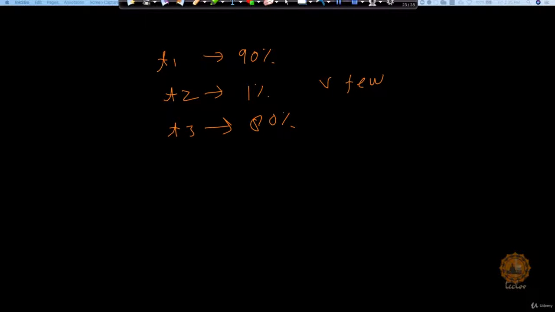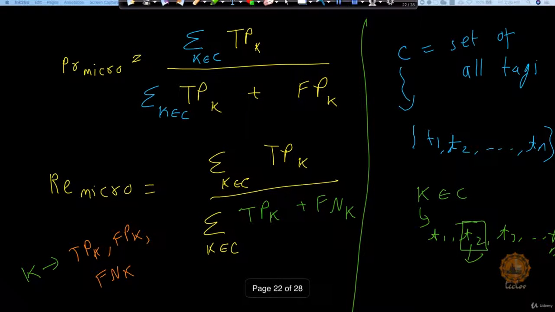So my true positive for the T2 tag is going to be low, which means that the contribution from the T2 tag in this formula is going to be low. So in the micro setting, we are also considering whether the classes are imbalanced, if some tags occur very often and some very rarely. This is also taken into account in the formula.